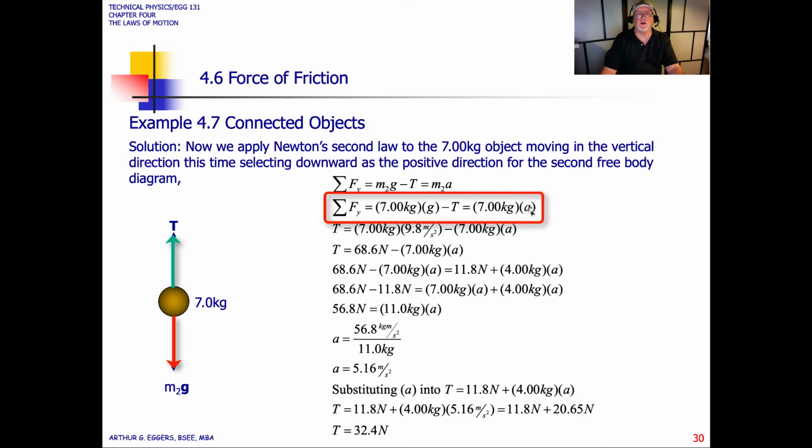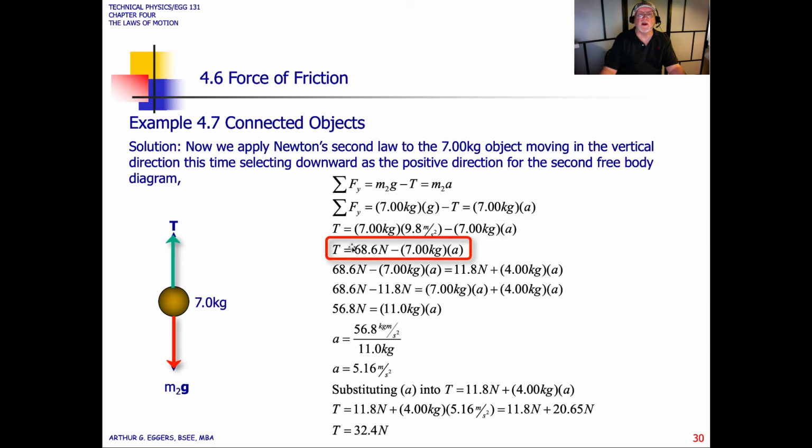So now what we're going to do is move the terms around, solving for the positive tension in the cable. So we pull down our terms, 7 kilograms, this time inserting 9.8 meters per second squared. We're going to subtract from the other side of the equation, the right side, minus 7 kilograms times the acceleration.